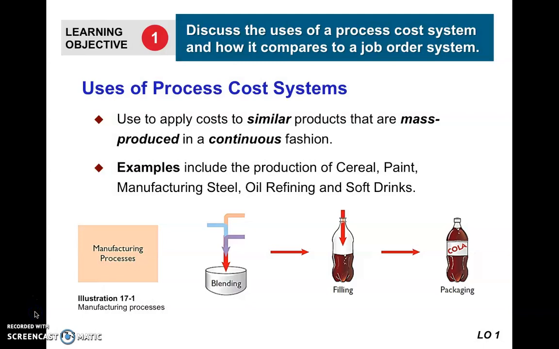Okay, let's go over, first of all, the manufacturing environments that use a process cost system. In these types of manufacturing companies, the products are similar to each other, and the company is producing a large number of the same identical product in a continuous fashion, which means the production never stops.